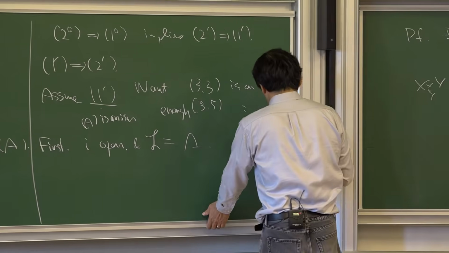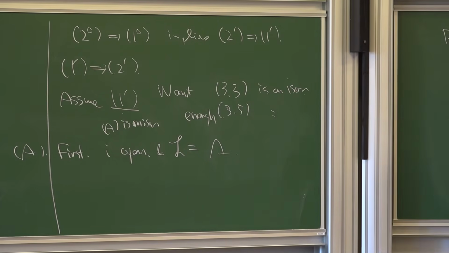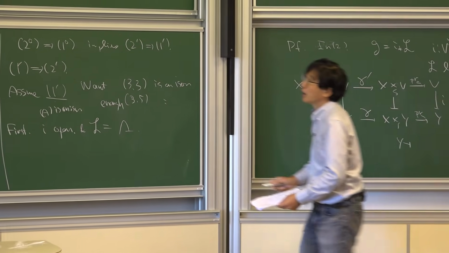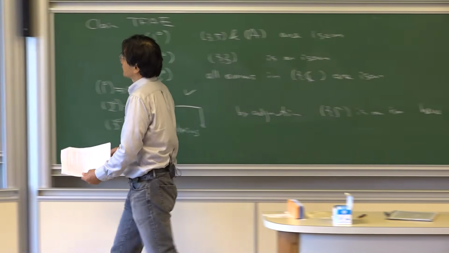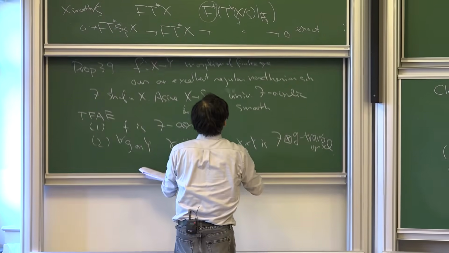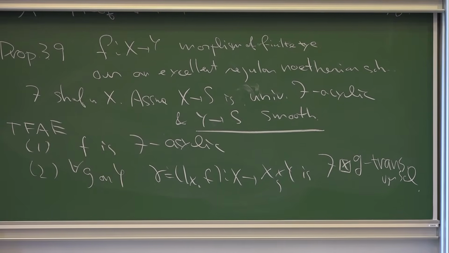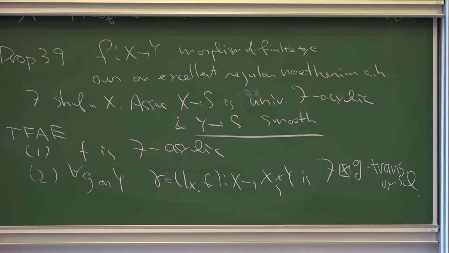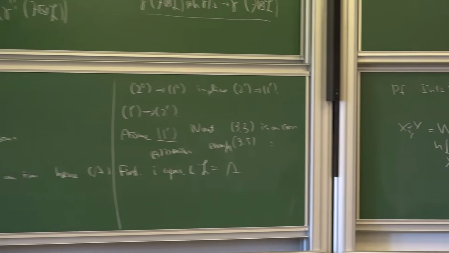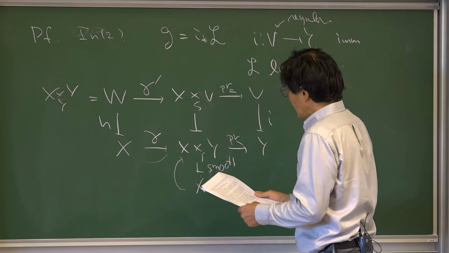So in this case, by our assumption, so why is it smooth? This base change is smooth. So this gamma is a section of a smooth morphism.